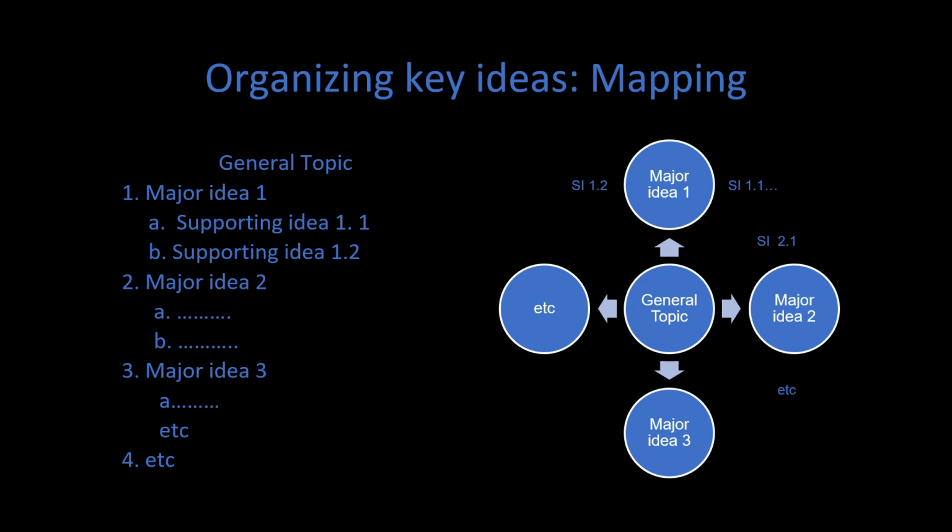You can have a look at here. Then, identify major ideas that relate to the topic. Write or type the major ideas and connect each one to the central topic. Further, identify the supporting details and connect them with the major ideas.